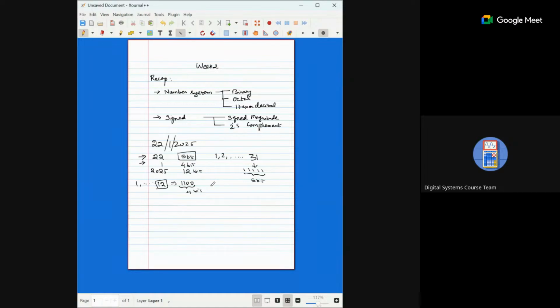How many bits for the year? 11 bits. Yes, exactly, 11 bits. So 2 power 11 gives 2048.